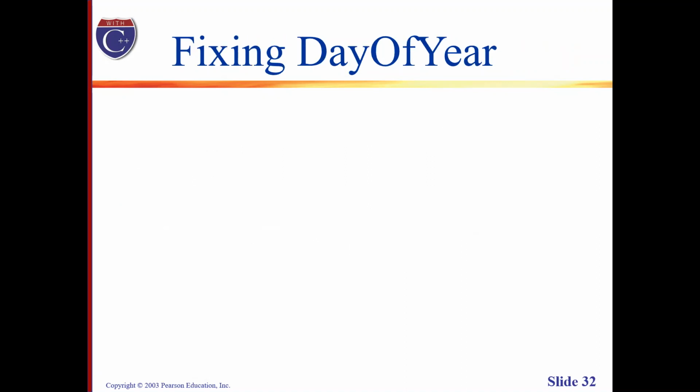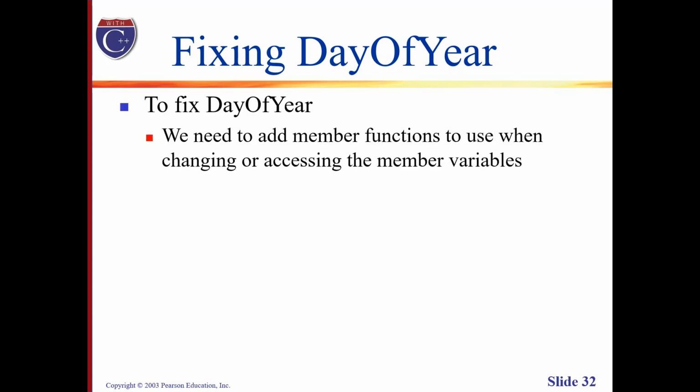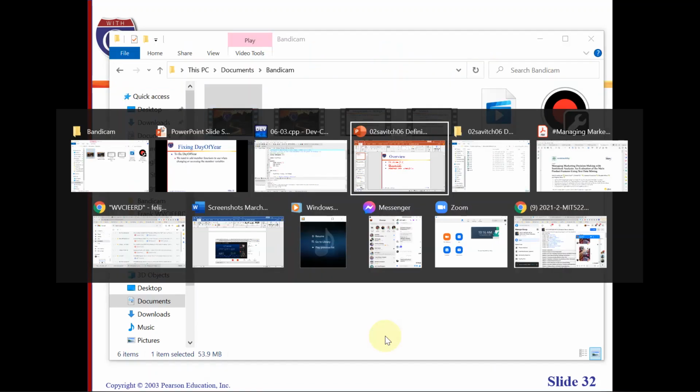So how do we fix our class? To fix DayOfYear, we need to add member functions to use when changing or accessing the member variables, which means it is a good practice that we write member functions that are specifically intended to set and retrieve the values of our member variables, as opposed to what we've seen a while ago, in which we directly access our member variables.